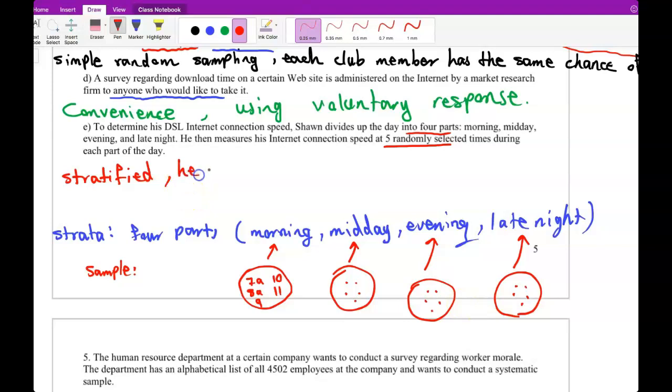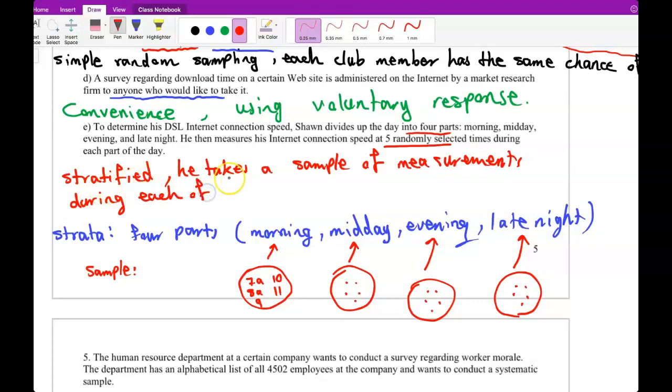So stratified, he takes a sample of measurements during each of the 4 time intervals.